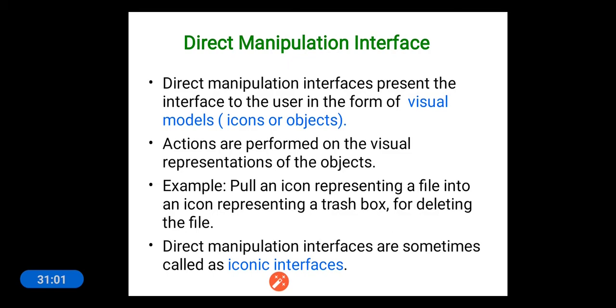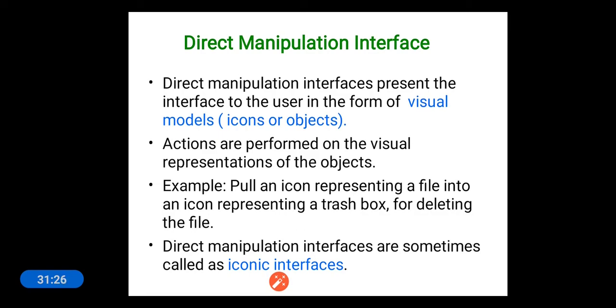The direct manipulation interfaces present the interface to the user in the form of visual models, that is icons or objects. The best example is the interface provided in mobile phones. Here we are provided with iconic symbols. For example, if you want to open the messages, there is no need to enter any command.